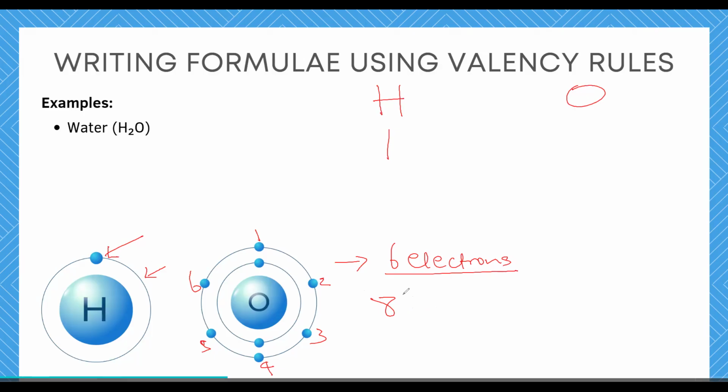So now we need eight electrons, but oxygen has only six. How many are we missing? Two.